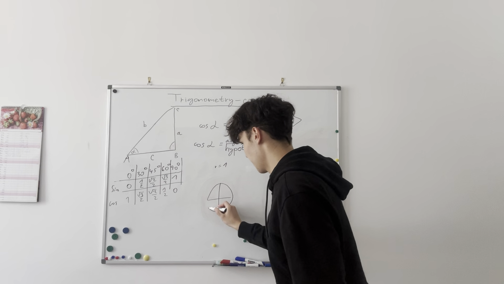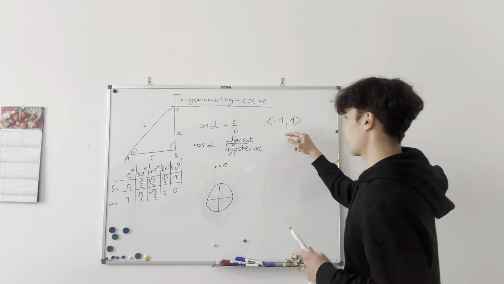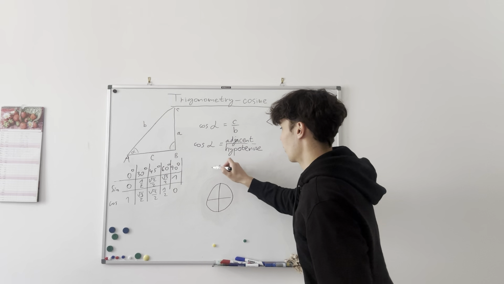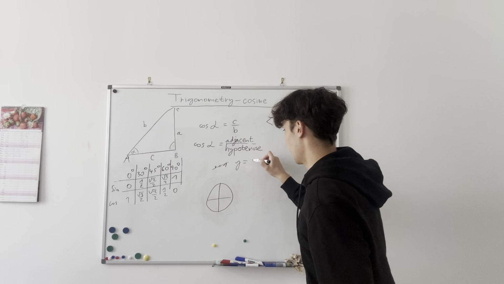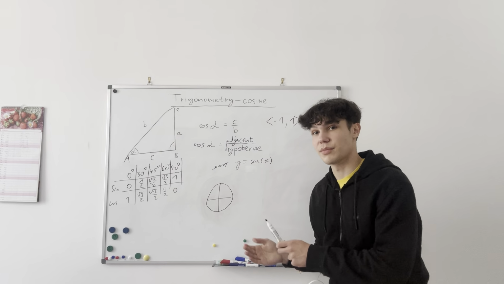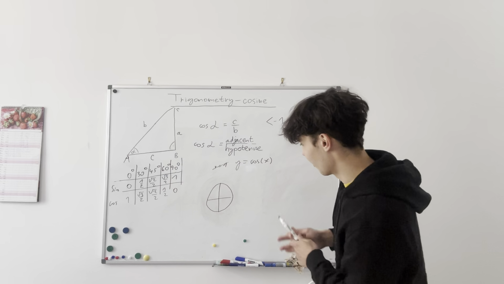We know that cosine is defined from -1 to 1, at least the normal cosine. So we are just doing the fundamental, typical cosine graph.